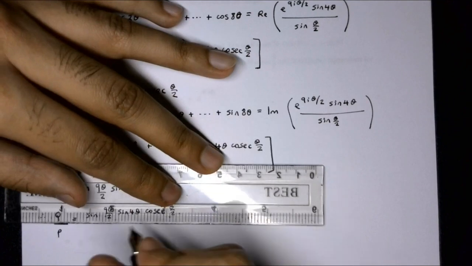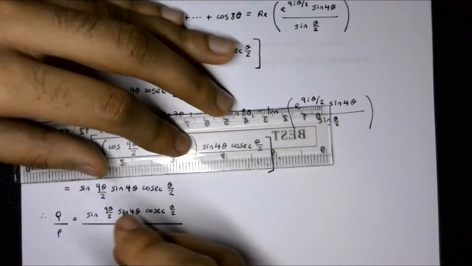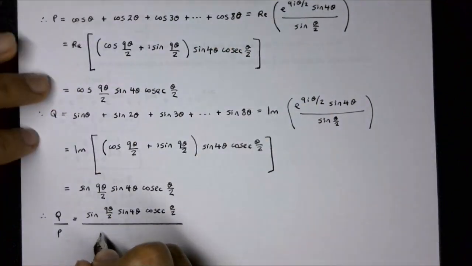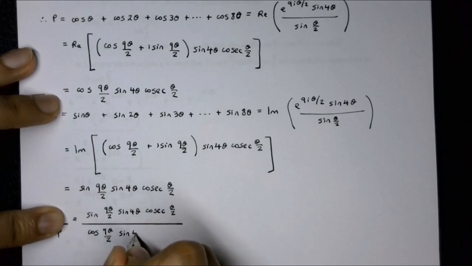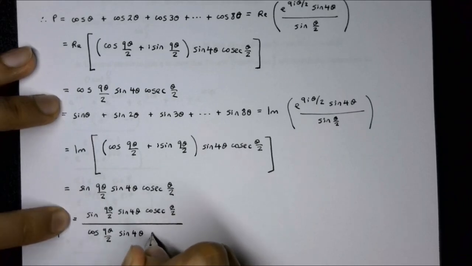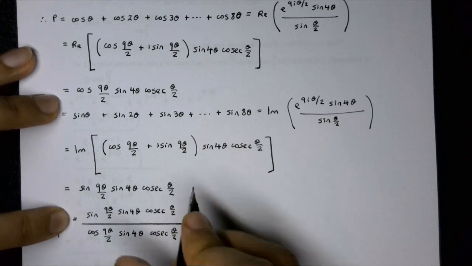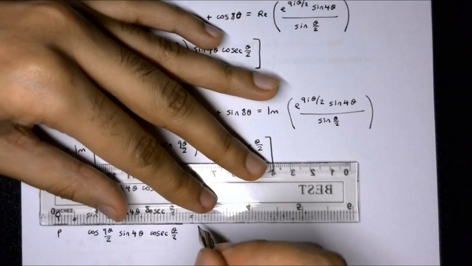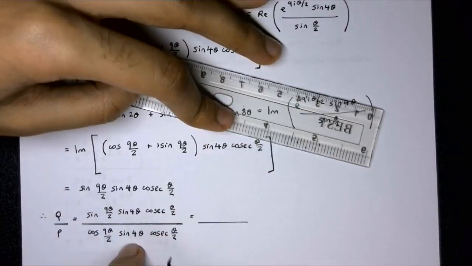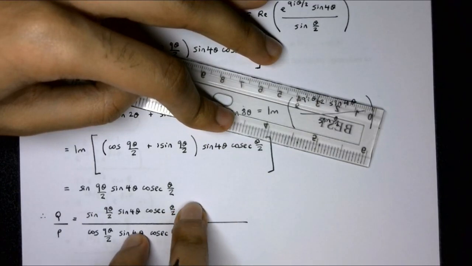And then we divide this by what P is, which is cos of 9 theta over 2 sine of 4 theta times by cosec of theta over 2. So what we end up with over here then, if we tidy this up, you'll notice this all cancels out.